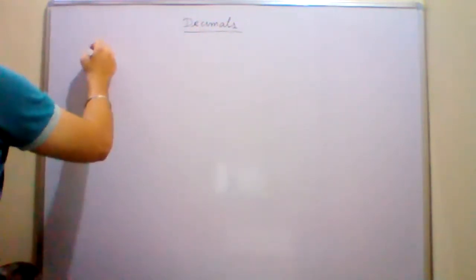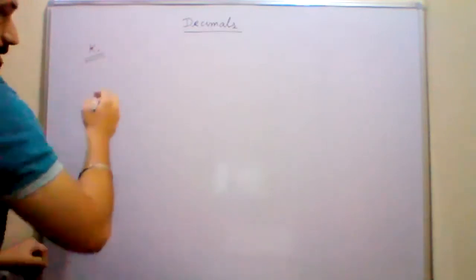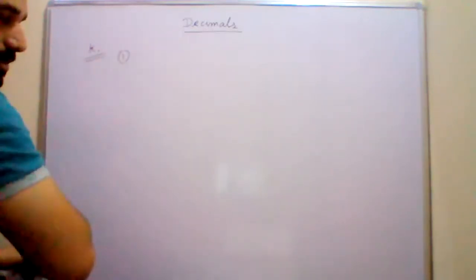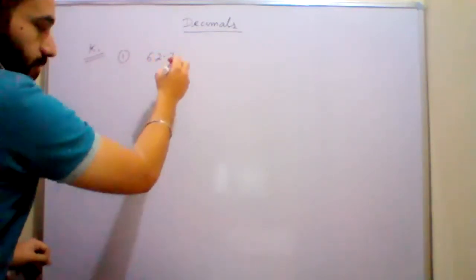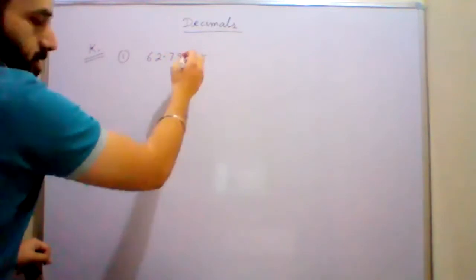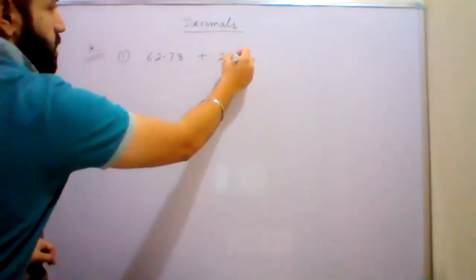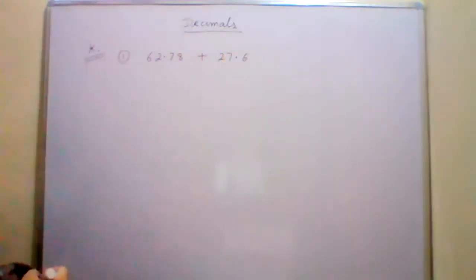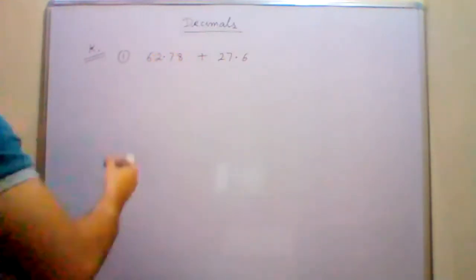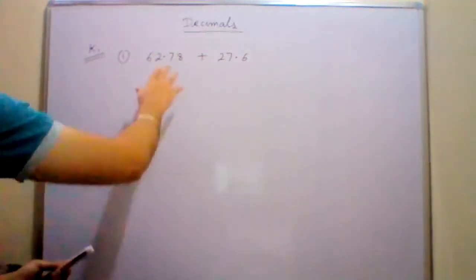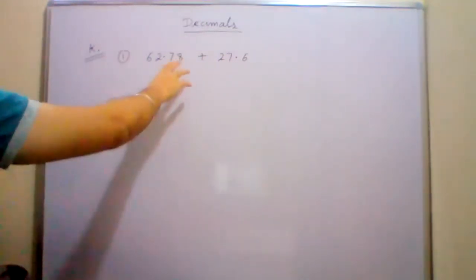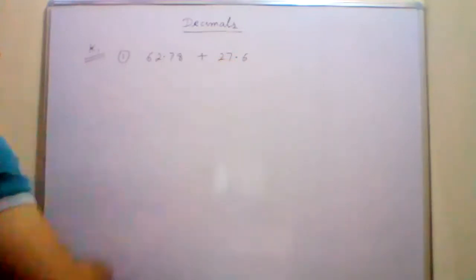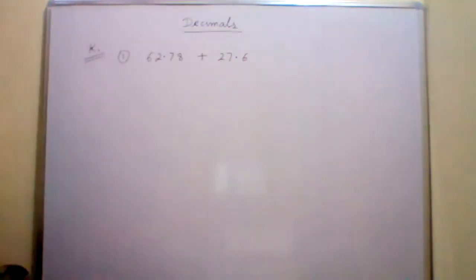Now this is question K. First part of the question: 62.78 plus 27.6. Before adding two decimal numbers, you must count the number of decimal places in both the numbers.